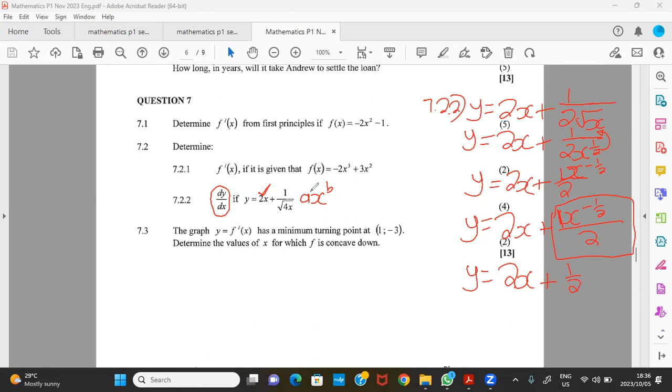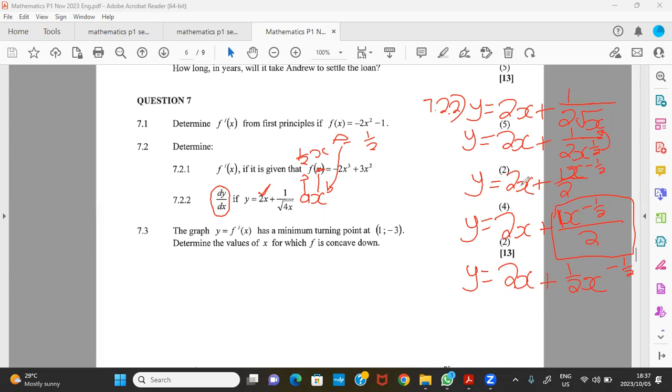In this case, this represents my a, that's 1 over 2. And then I'm going to have my x, and then to the power of what? Negative half. So this represents my b, negative half. So now I can derive this.